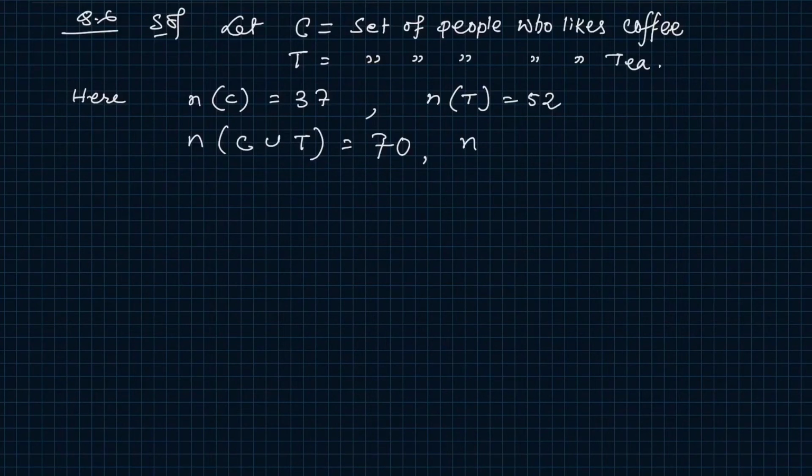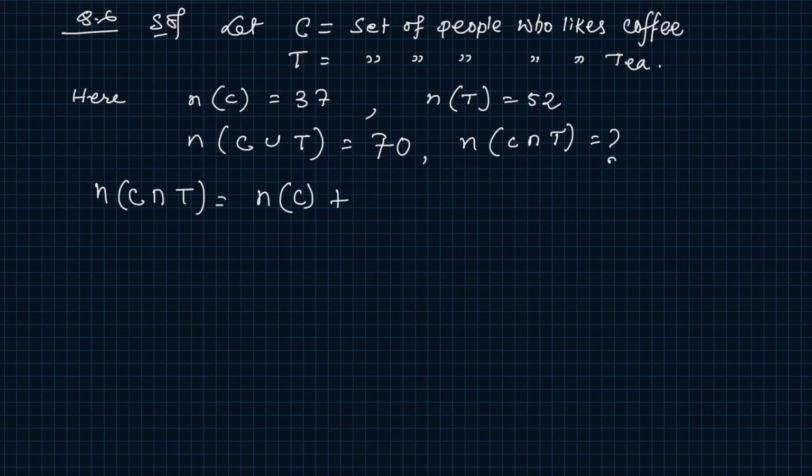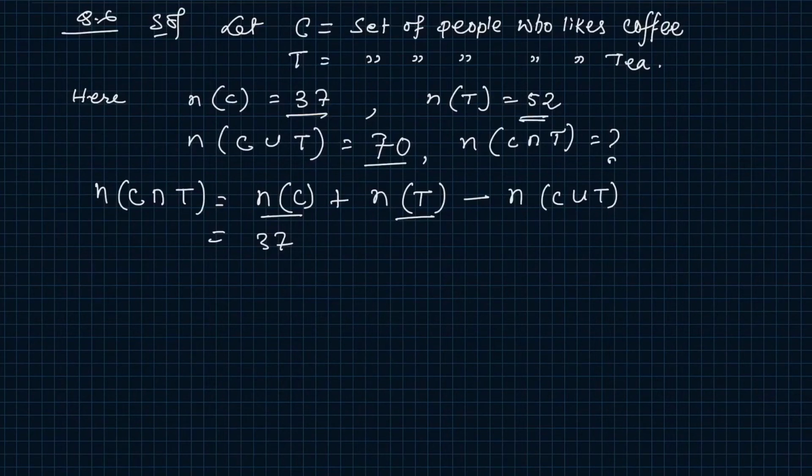That means we are going to find the number of elements in C intersection T. The number of elements in this set is given by the number of elements in set C plus the number of elements in set T minus the number of elements in C union T. So let's put here 37, and here 52.